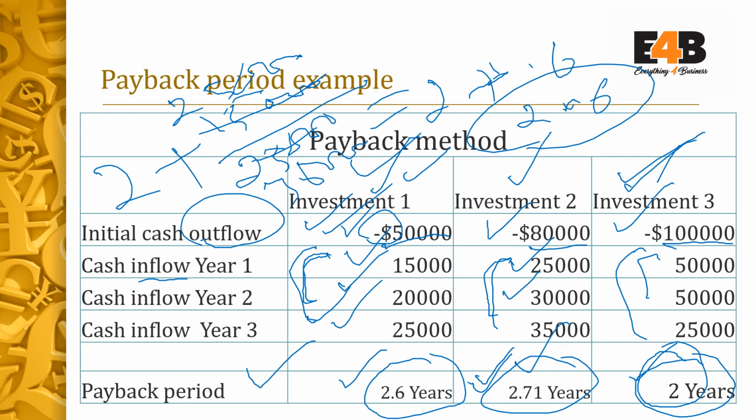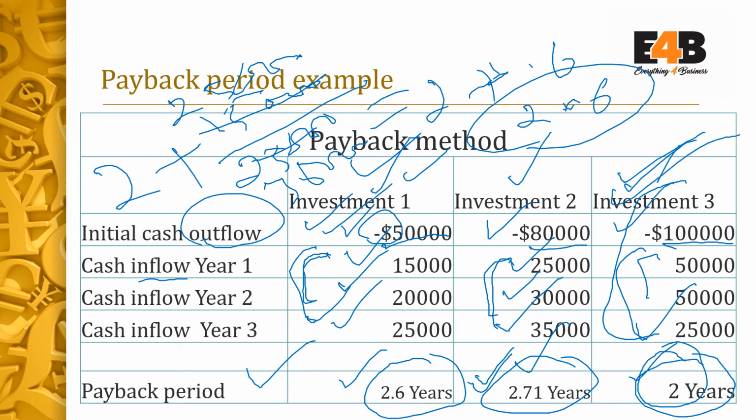But there are limitations: payback period is used for short-term projects, not for long-term projects, because in long-term projects we might get lower returns. As we can see with this one, 25,000 is less than 35,000. On the basis of payback period we will select this, but on other methods which are for long-term projects we cannot invest in this project.